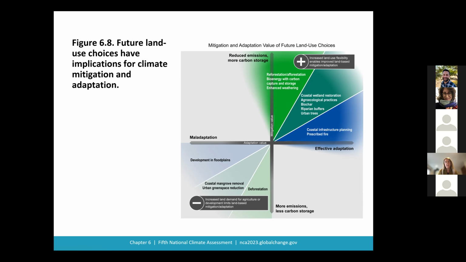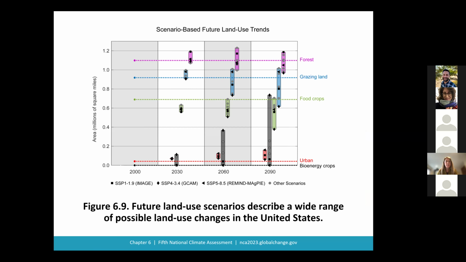And all of these future land use choices towards mitigation and adaptation take place in a background of different factors that drive these choices, including improvements in agricultural technology, changes in income, changes in food waste and dietary changes, and international cooperation and governance. So next slide, please.